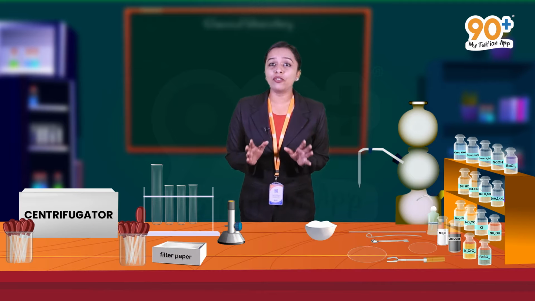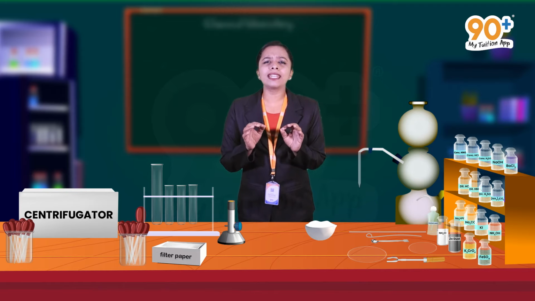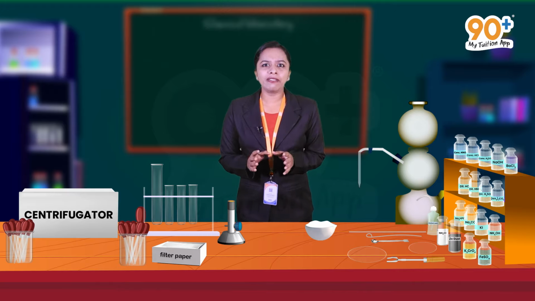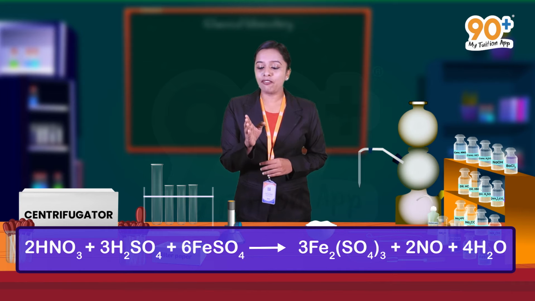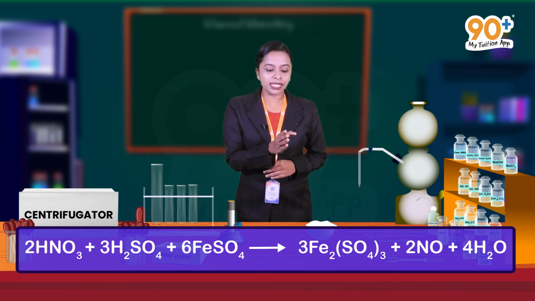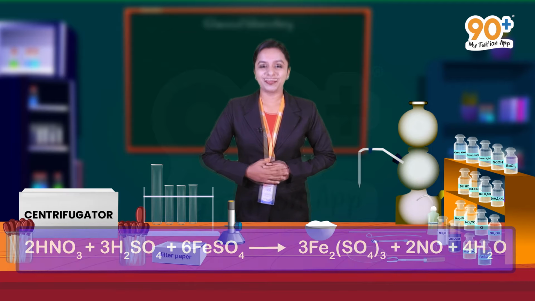In the presence of H2SO4, the nitric acid reacts with ferrous sulphate solution to give nitric oxide. And the chemical equation is 2HNO3 plus 3H2SO4 plus 6FeSO4 gives 3Fe2(SO4)3 plus 2NO plus 4H2O.